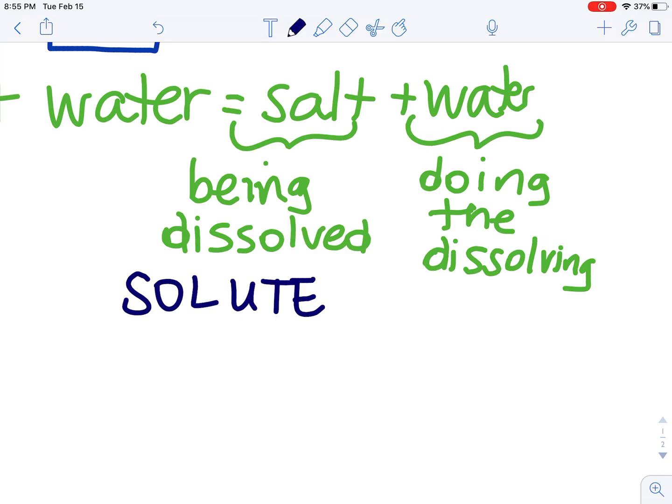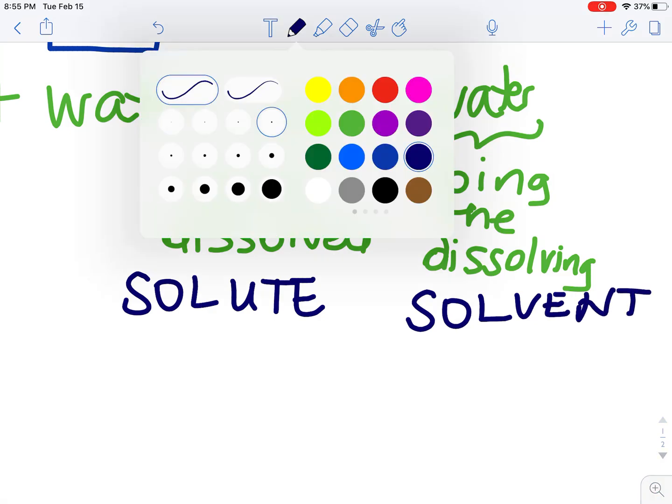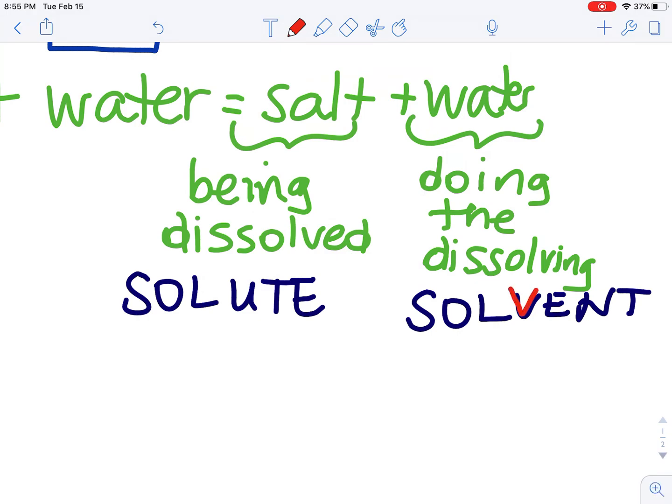And the water, the substance doing the dissolving, is our solvent. One way students like to keep track of this is the V in solvent and the W in water have similar shapes. And that's how students remember that water is the solvent.